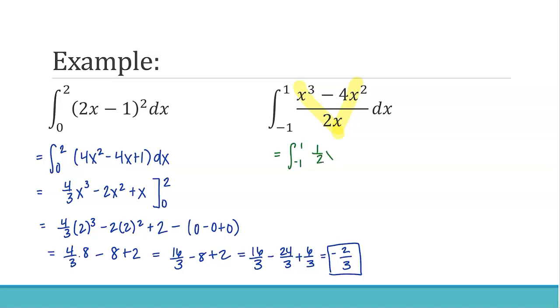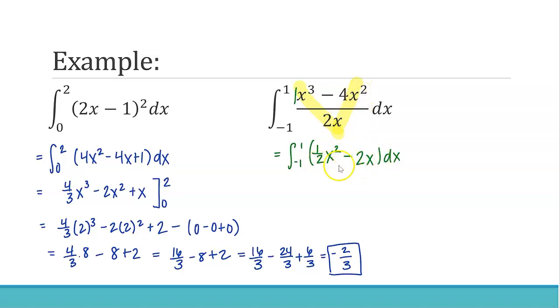We're going to have 1/2 x squared, so x cubed over x becomes x squared, and the 2 has to stay on the bottom, so there was a 1 on the top in front of x cubed, and then the 2 stays on the bottom, and then we have minus 2x dx. So we're simplifying. 4 divided by 2 is 2, x squared over x is just x.